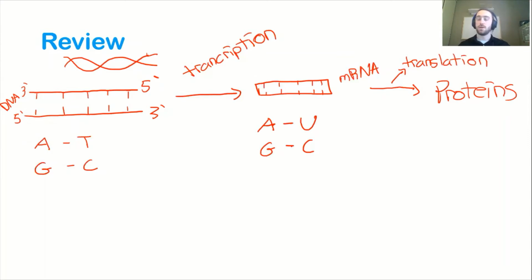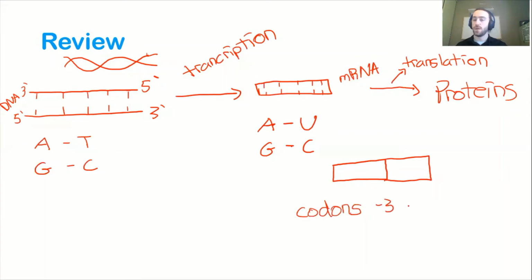Right, so in translation, how did we get mRNA to form our proteins? Well, if we remember, we had something called codons, right? So our mRNA had something to do with codons, if we can remember. And now codons are 3 base pairs in length.